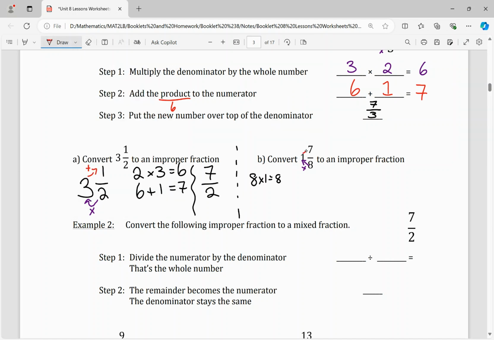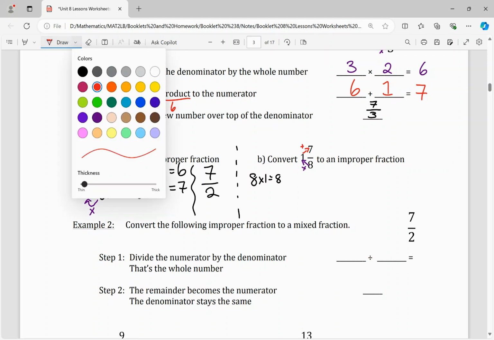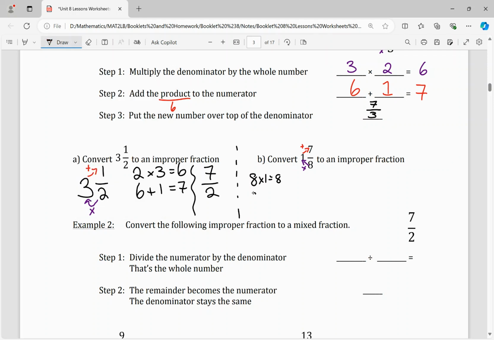Next, we need to add this to the numerator. So we take the answer, which is 8, we add 7, and we get 15. So therefore, 1 and 7 over 8 is equal to 15 over 8.